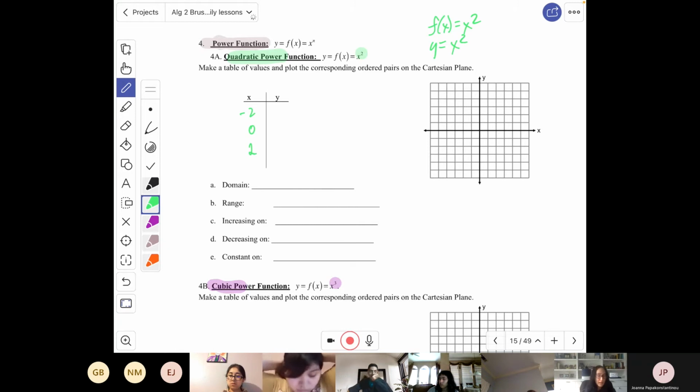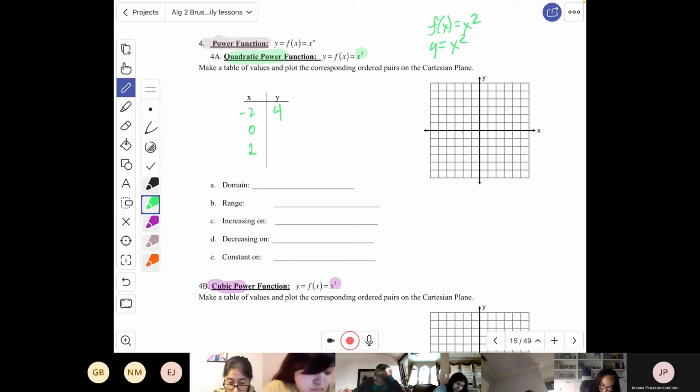So I'm making a table to help me graph it. So when x is -2, what is y? Anybody? When x is -2, what is y? Not +2. Oh wait, no. I mean +4. Sorry. +4. Yes, Eric. +4.